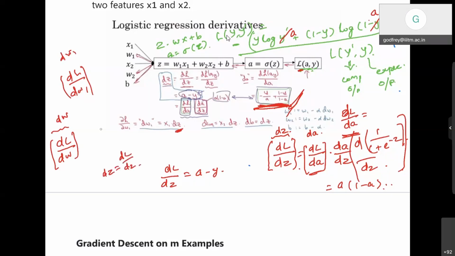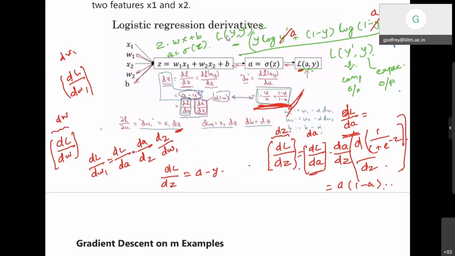Now we've computed dl by dz, dl by dA. Now what we need to compute is how much W1 has affected dl. So dl by dw1 is computed by dl by dA, dA by dz, dz by dw1.